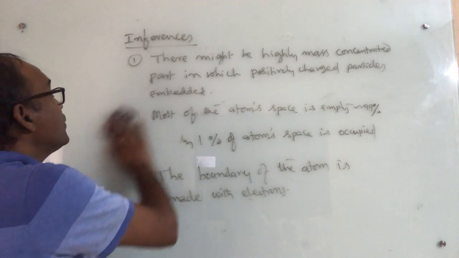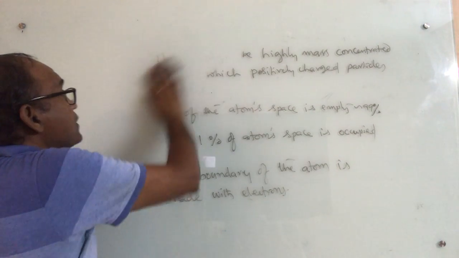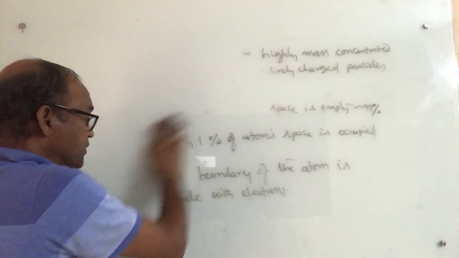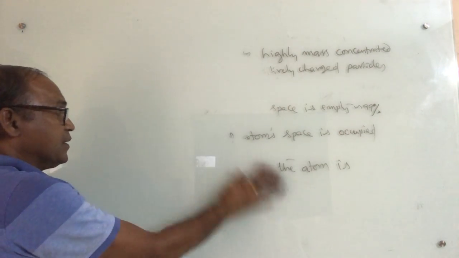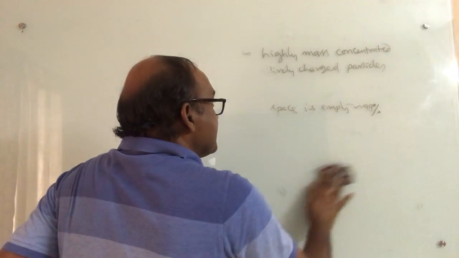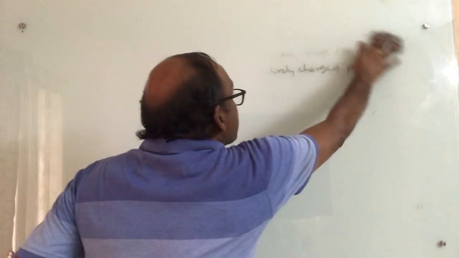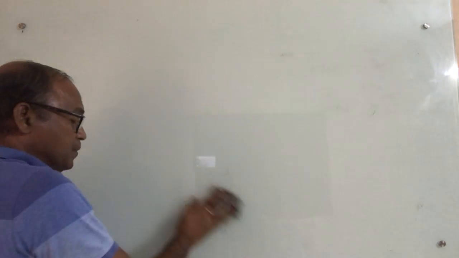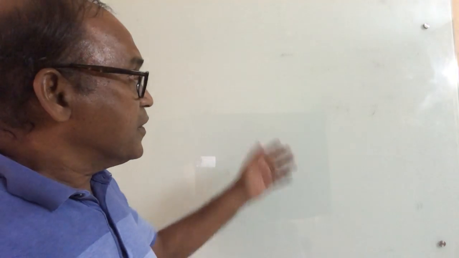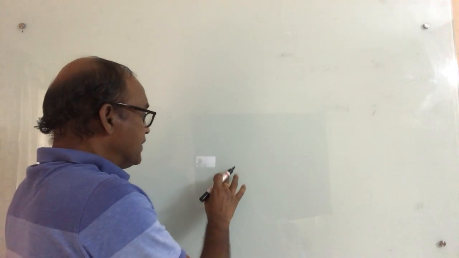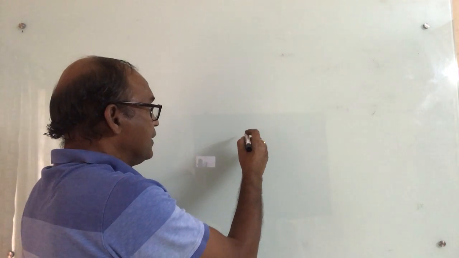These four inferences were drawn from the observations, and based on this Rutherford proposed a model, an atomic model.